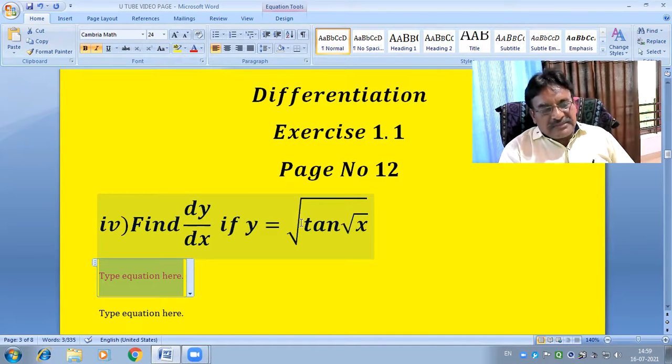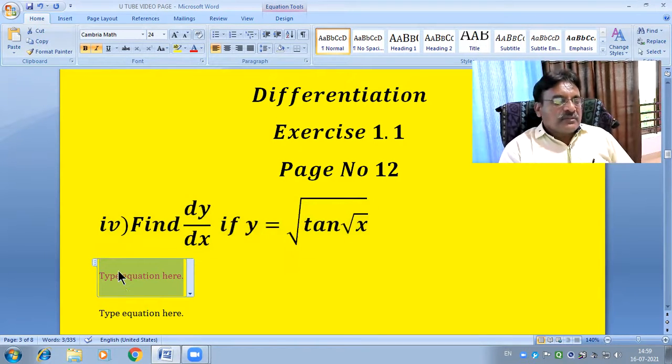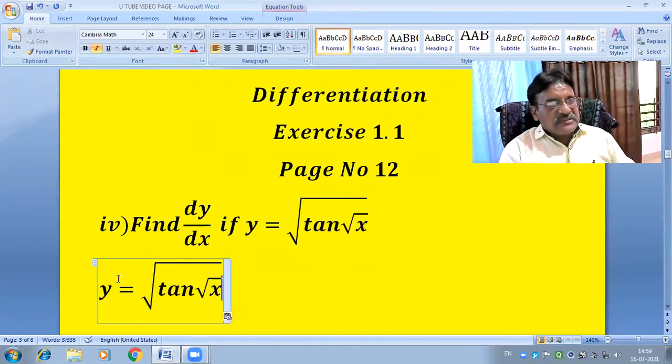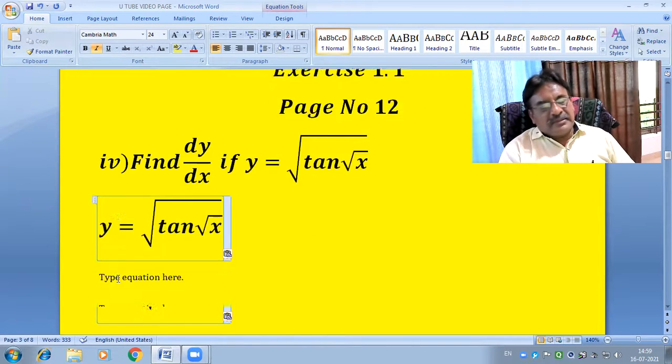That is, differentiate this function with respect to x and find d/dx of y, that is dy by dx. So first we write the given function: y is equal to under root tan root x.